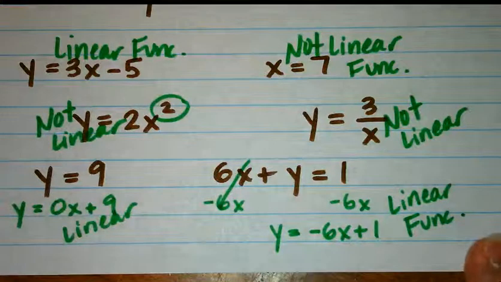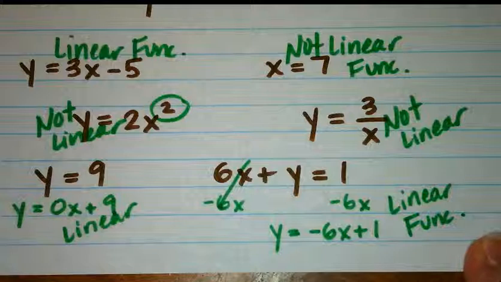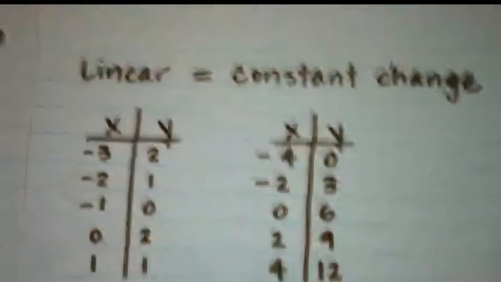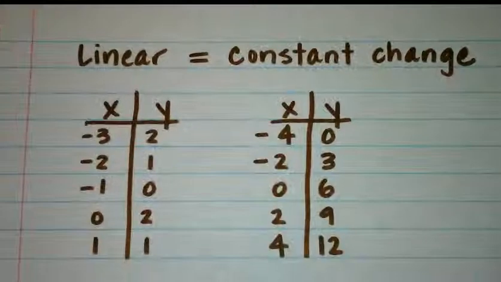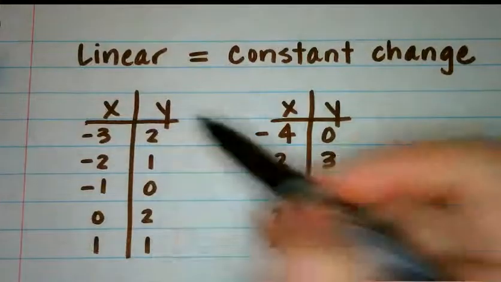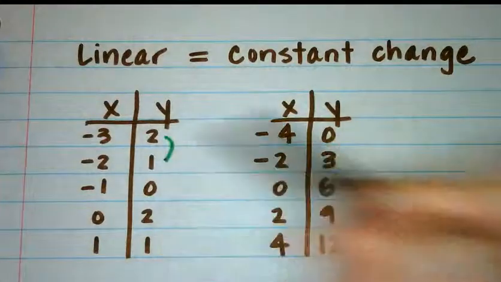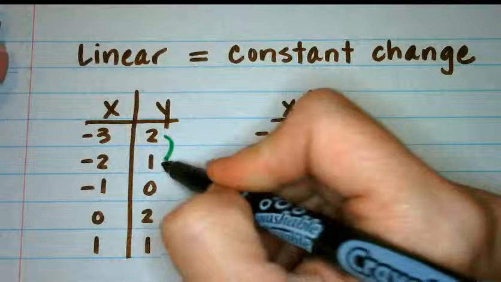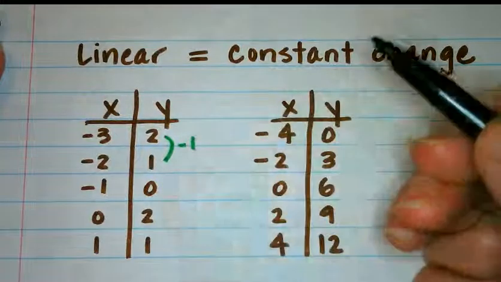Another way that you might be asked to determine if a function is linear is by looking at a table of values. The best way to do this is to look for a constant change. What that means is you need to go from number to number in the chart. To get from 2 to 1, I need to subtract 1.